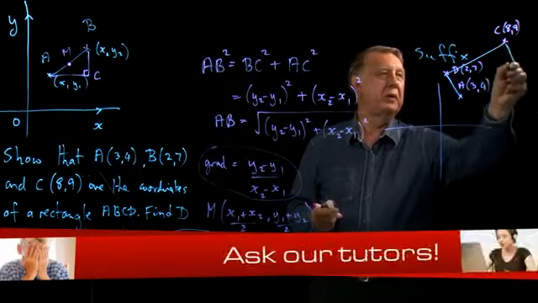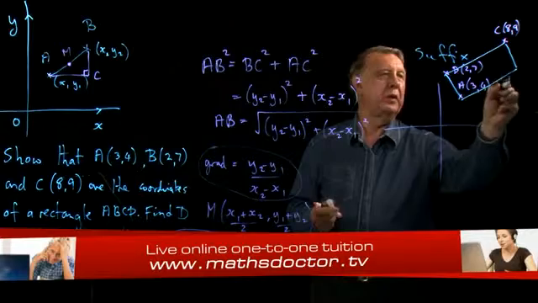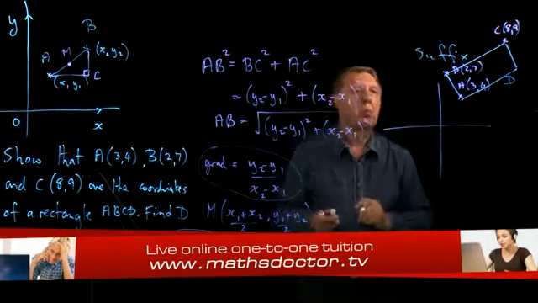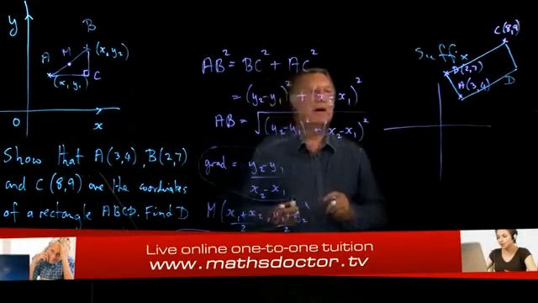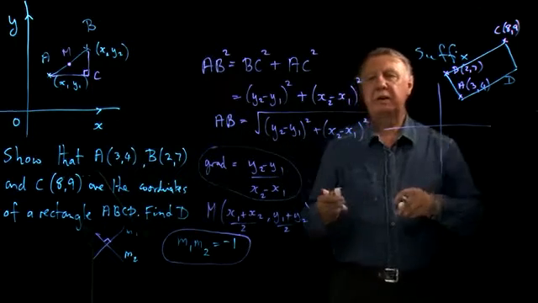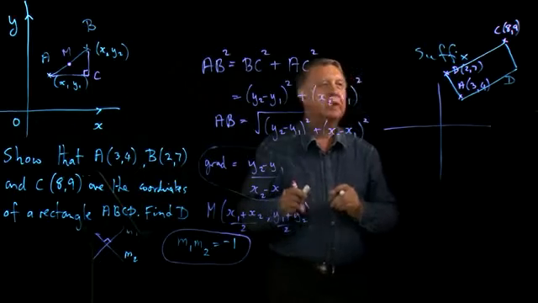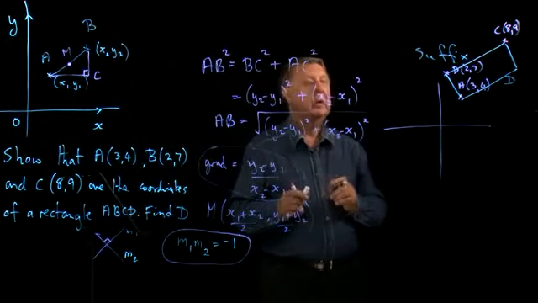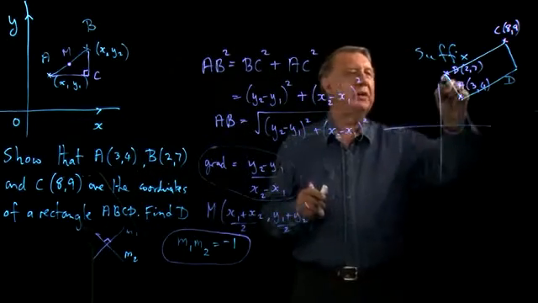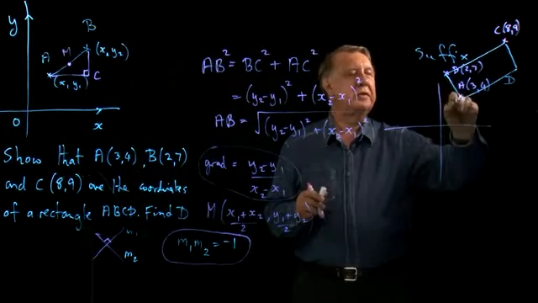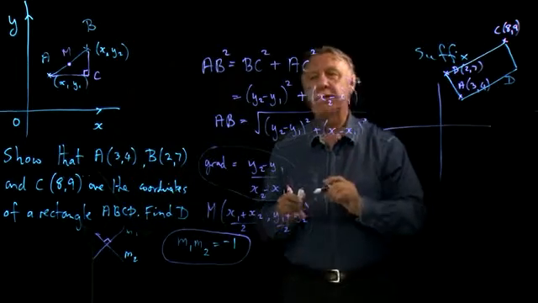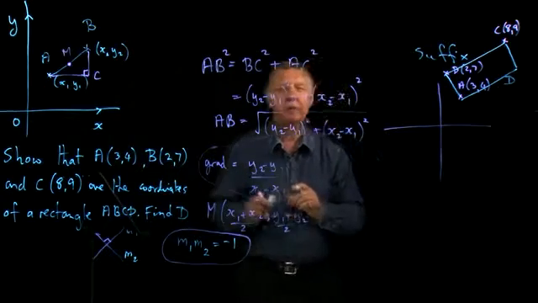It's going to be over here somewhere. Now, a lot of people don't see the quick way of proving that ABCD is a rectangle. They start working out lengths of sides and looking at whether the length of each opposite side is the same, these sorts of things.